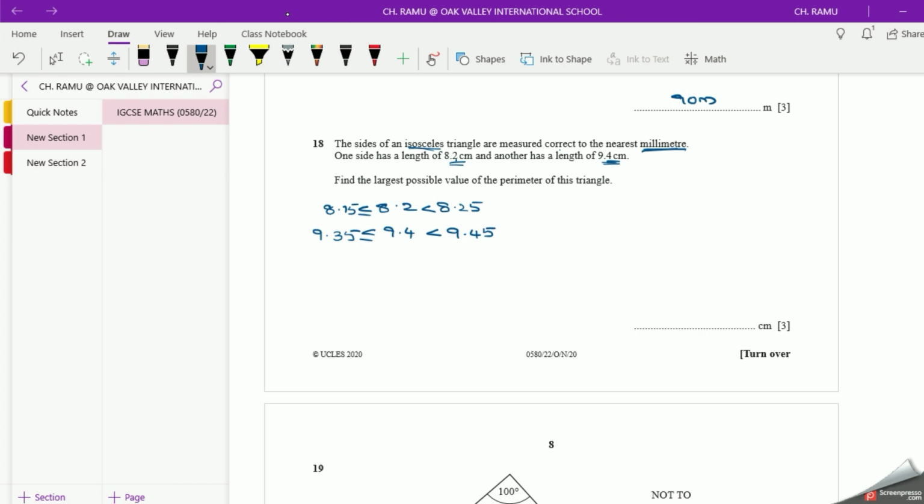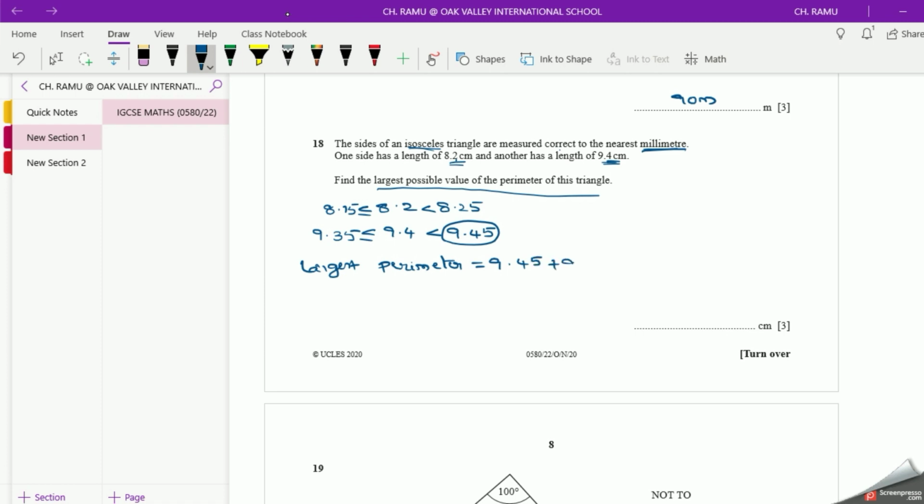Isosceles triangle means two sides of a triangle are equal, and they asked the largest possible value of the perimeter. To get the largest value of the perimeter, the largest perimeter is equal to whichever value is the largest, that will repeat two times.